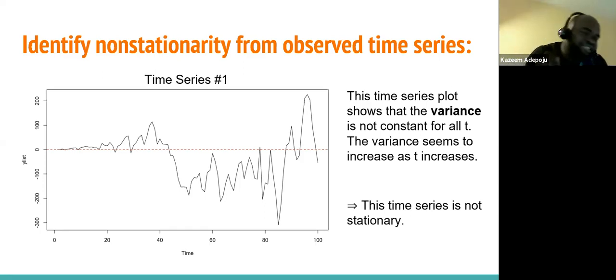We have a way to investigate whether this stationarity assumption is violated or not. The assumption will be violated if you look at the variance over time. If the variance keeps changing, just like the data set we have right here, then we say the time series is not stationary.